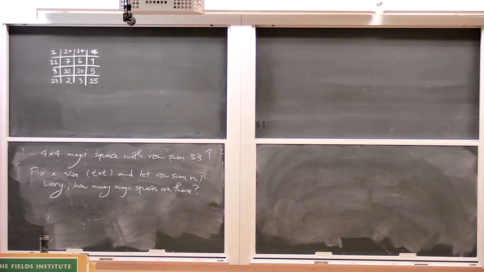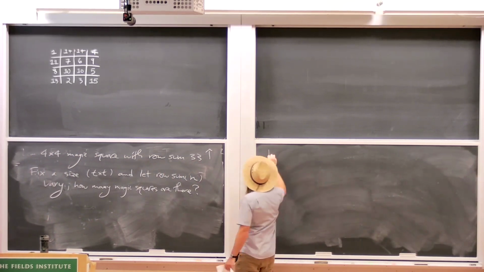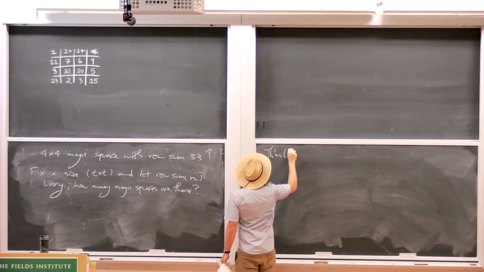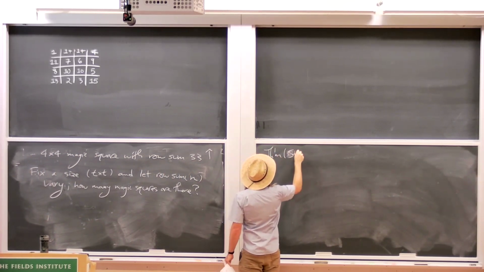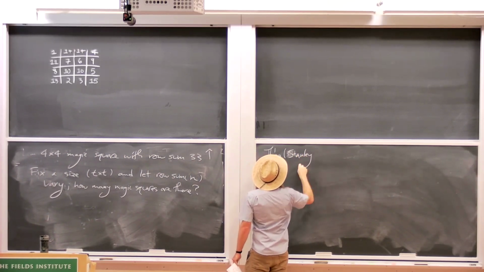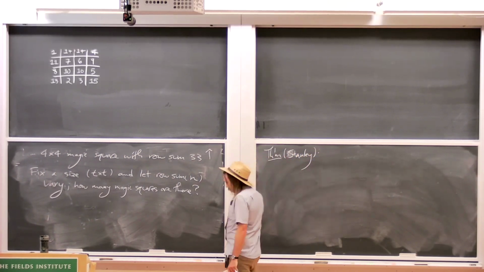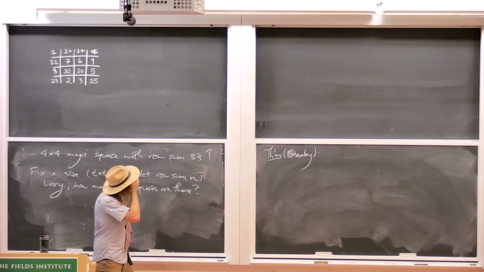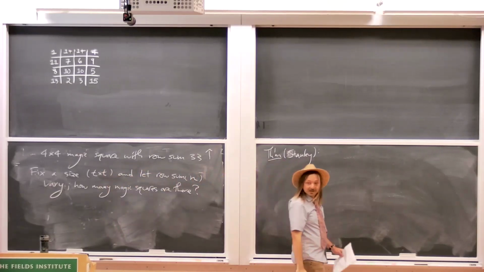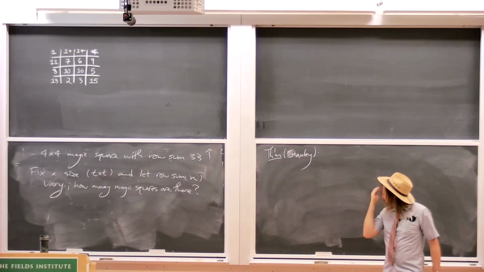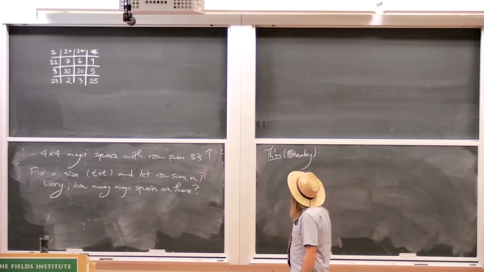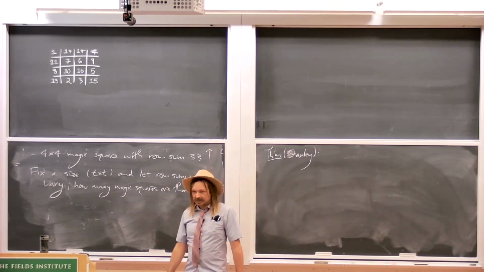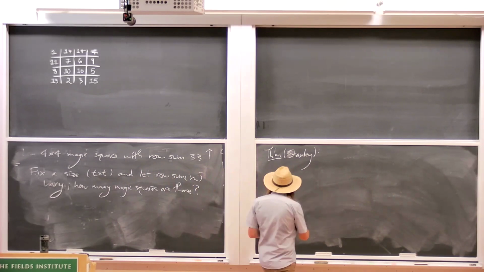I'm not going to give you a formula, but I'm going to describe the behavior of a formula, or how formulas may behave. Yes. For this counting, are you counting up to permutation of columns or? No, literal. Yep, literal count. Yeah, good.